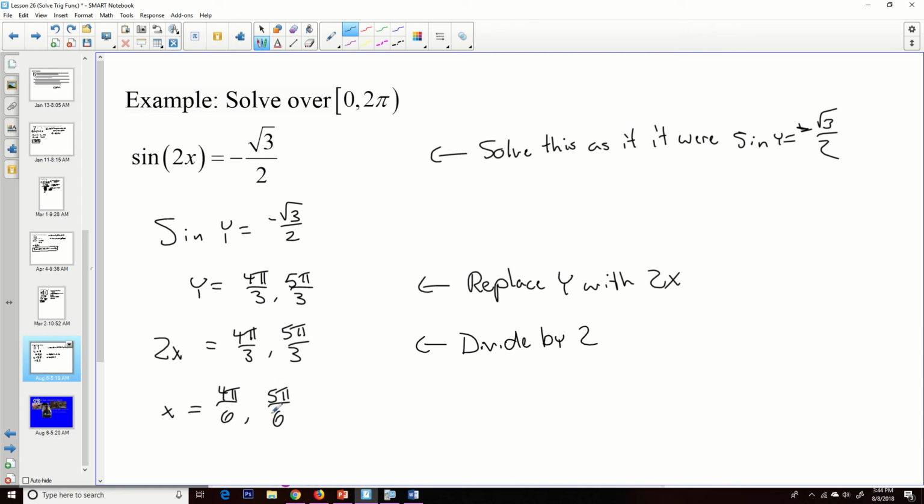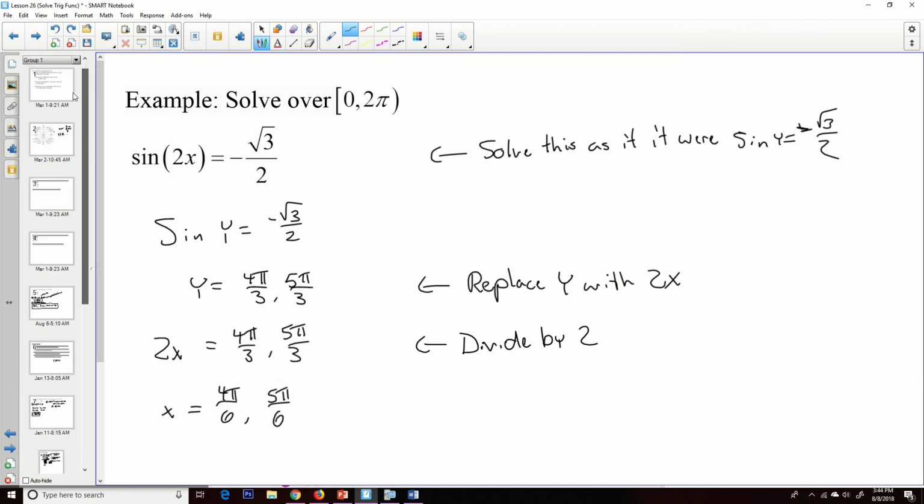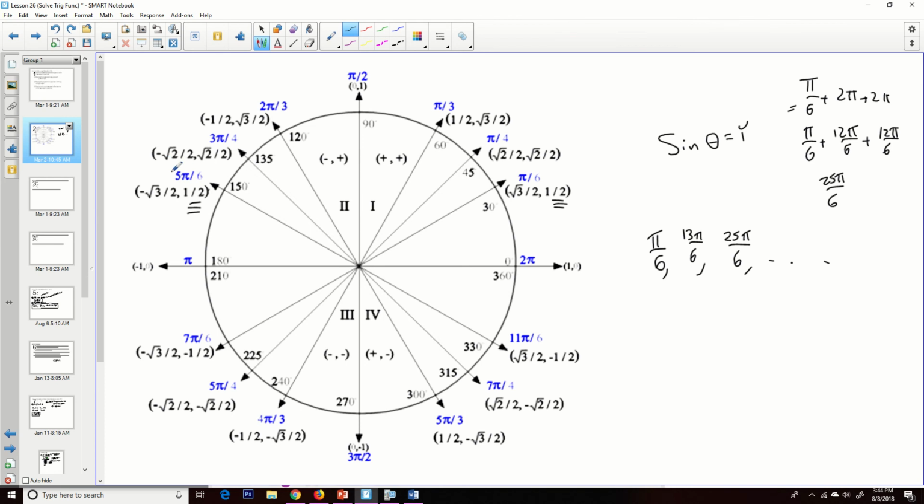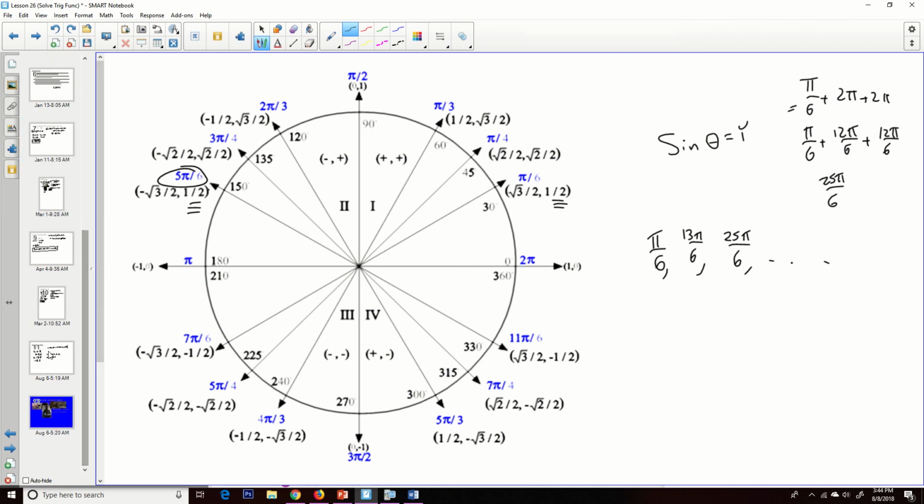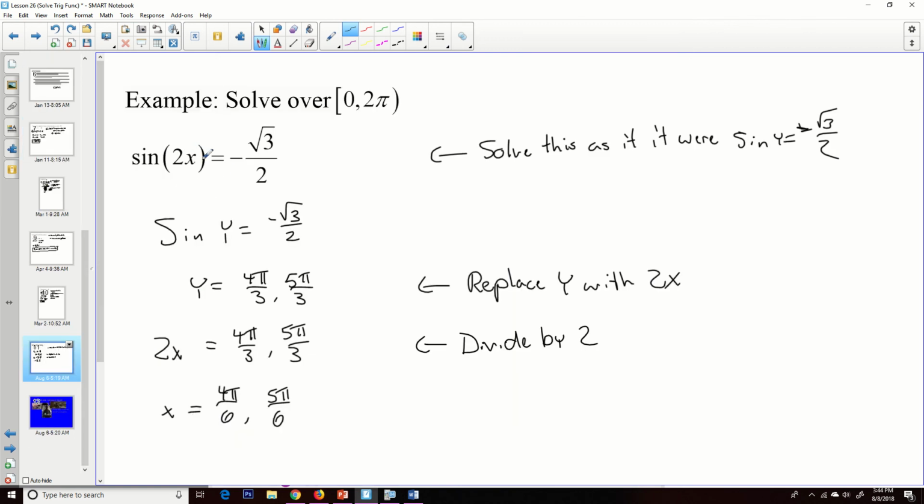Now, 5 pi over 6, you'll notice on your unit circle, isn't even halfway around. So there's actually the opportunity that there are more solutions when you have this multiple angle formula.